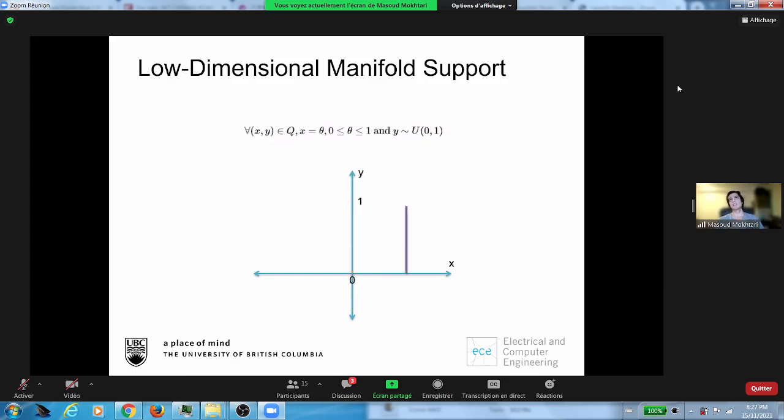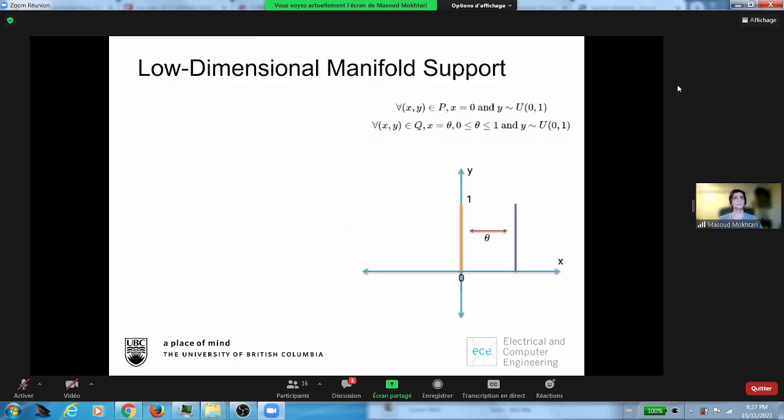And let's say our generator model has only one parameter, theta, and that determines where on the x-axis it is. And for the y-axis, it's similar to the real distribution. It's a uniform from 0 to 1. And based on the value of theta, again, this could move along the x-axis, right? It could be exactly aligned with the real one, or it cannot be aligned.